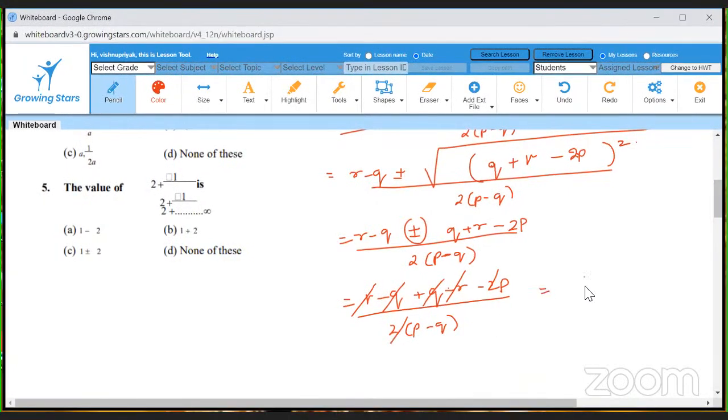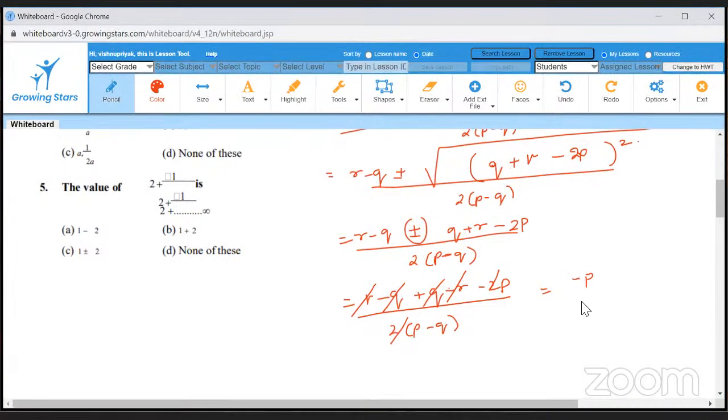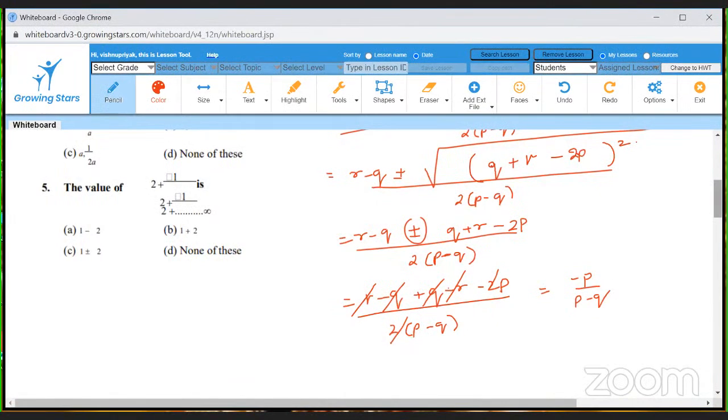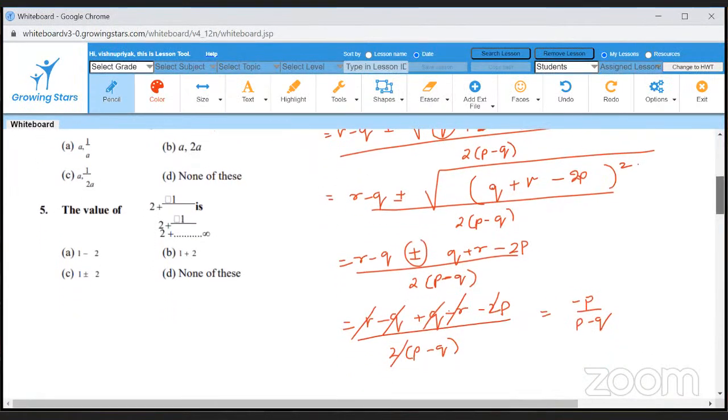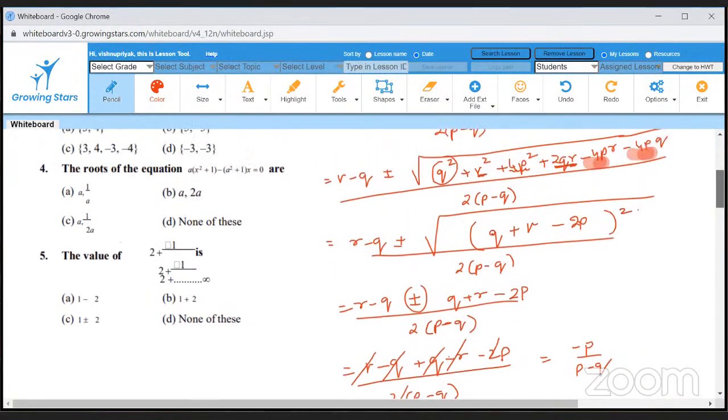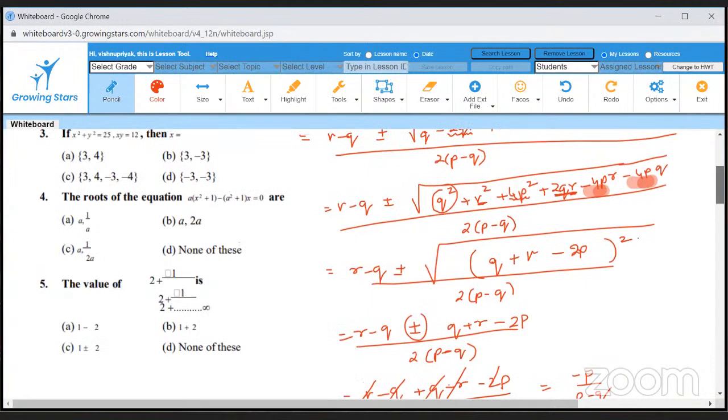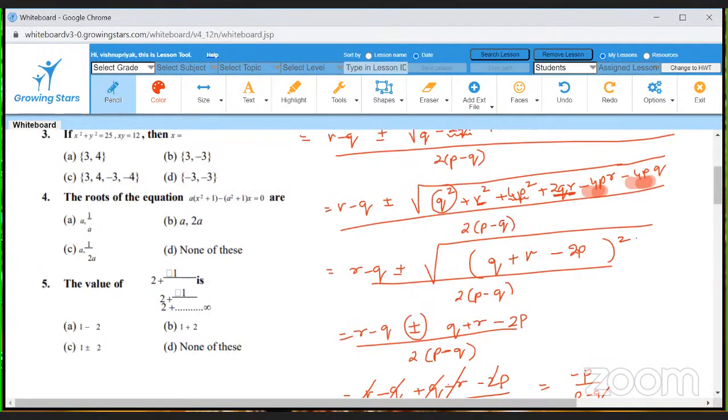I have minus P by P minus Q. Minus P by P minus Q. That is present in C. Minus P, completely it is not present, but a little of it is present, so that I can take.